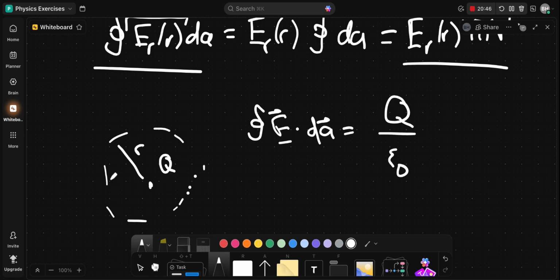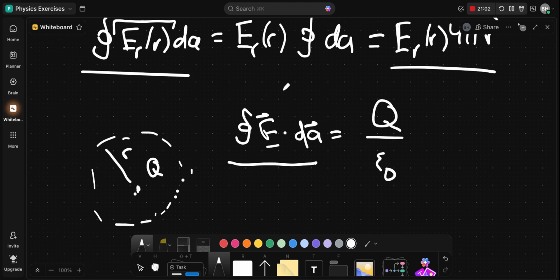And here, this is my Gaussian spherical surface, and that spherical surface certainly encloses Q.